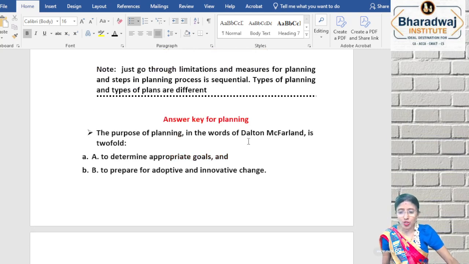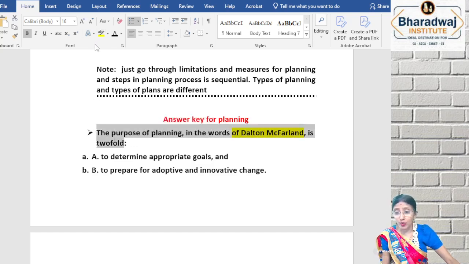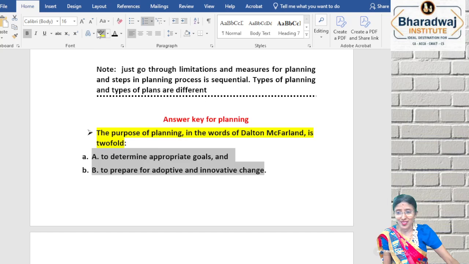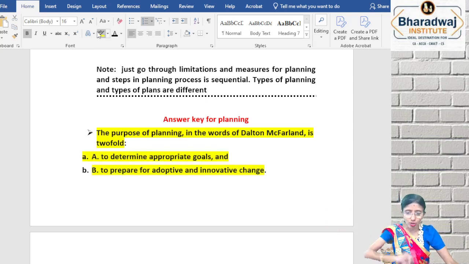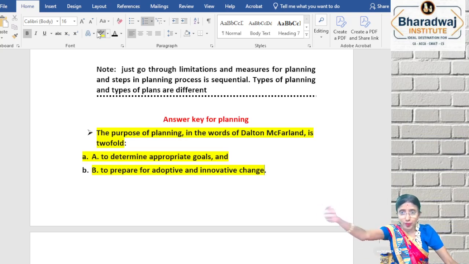The purpose of planning, in the words of Dalton McFarland, is twofold. The two is correct. And what is the twofold also? Please learn it, because they may give something else. To determine appropriate goals, to prepare for adaptive and innovative change. Dalton McFarland has defined the twin purpose of planning.